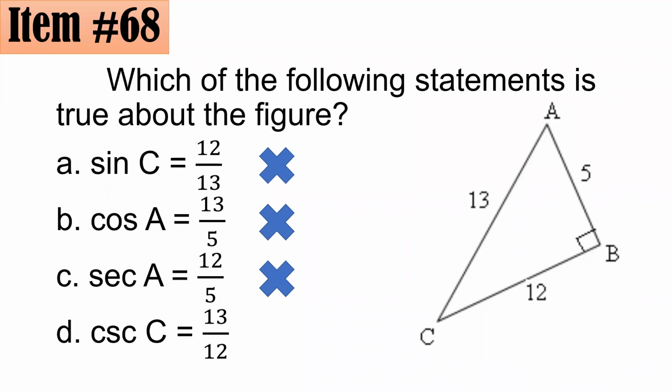Hypotenuse over opposite side. Tama. Hypotenuse is 13, opposite is 5. So mali din po ito. In other words, since sa ating instructions po, kapag wala pong tamang sagot sa choices, letter E po yan. So congratulations po sa lahat ng sumagot ng E. Good.